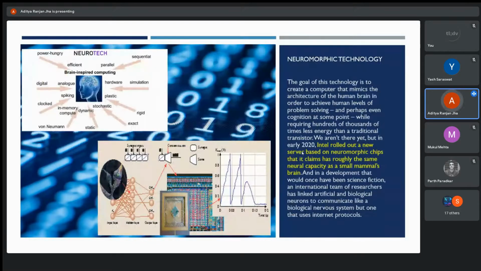Moving forward, in these lightning talks some of my friends have mentioned neural networks and all that, a technique to gain intelligence just like the brain. Talking about it, there's something called neuromorphic technology.